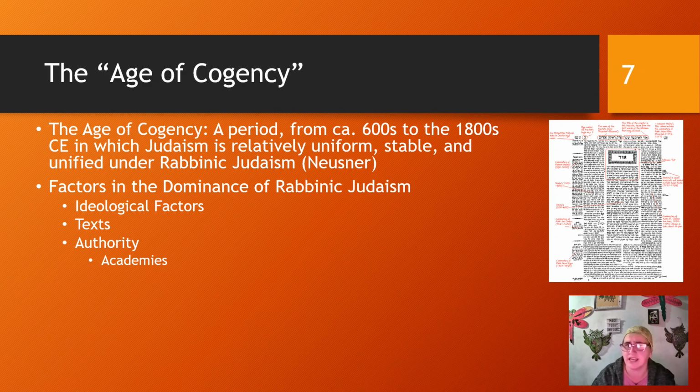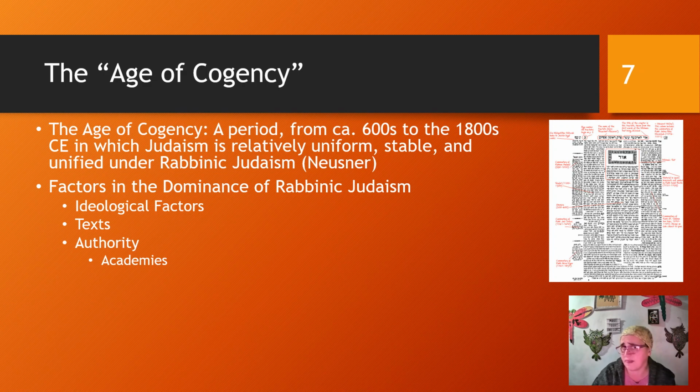Obviously the text: they had a central core of texts, the Torah, the Tanakh, but also Mishnah and Talmud. These made a really portable yet incredibly stable foundation for Jewish communities, so it was a practical tool for survival in the diaspora.